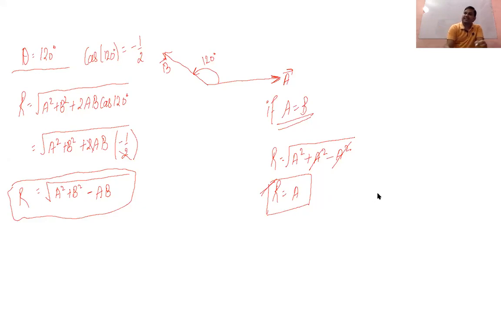And I told you one more statement: in this case the beta will become 60 degree. What does it mean? If there are two vectors acting at angle 120 degree, then the resultant will always be an angle bisector. So you can see like this: A and B are at angle 120, so this will be the resultant, at 60 degrees, half of 120.